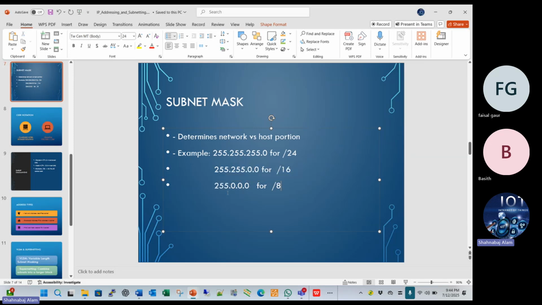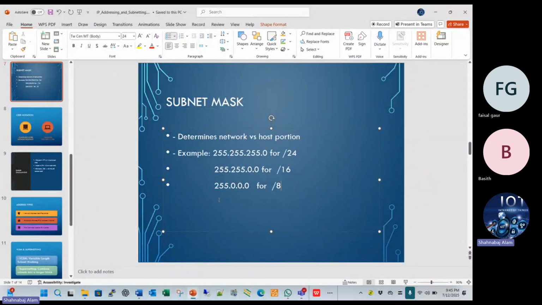So 255.0.0.0 means 8 bit network ID and 24 bit host ID. We are using only 8 here, because 8 bit is on.